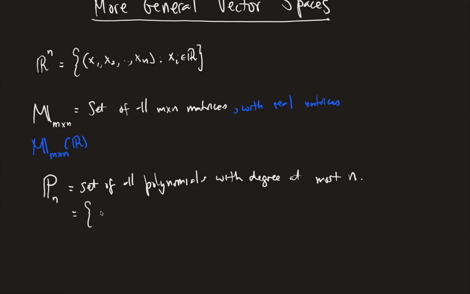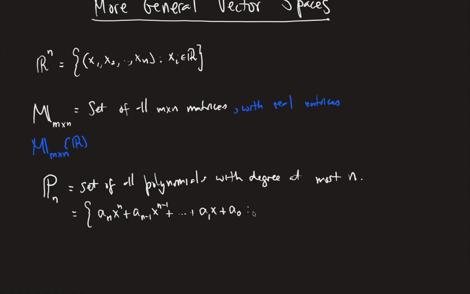It will be anything that looks like this. So it's going to be a sub n times x to the n plus a sub n minus 1 times x to the n minus 1, and then dot, dot, dot, all the way down. And you could have a linear term, just a1 times x, and then plus you could have a constant term a sub 0.